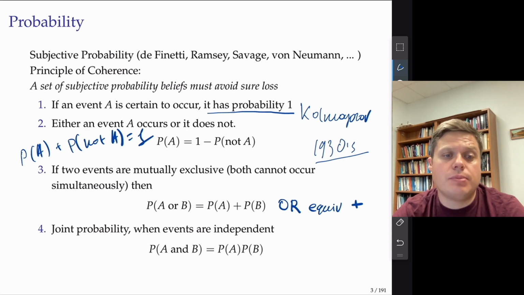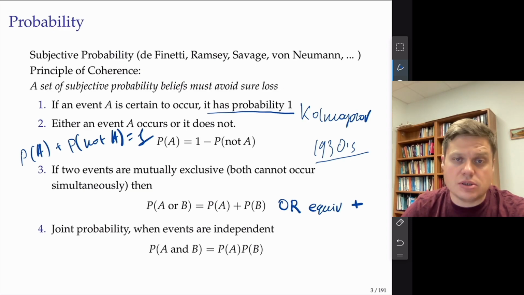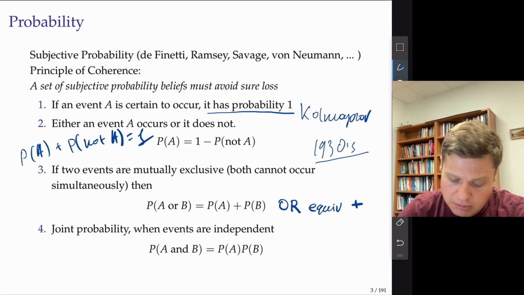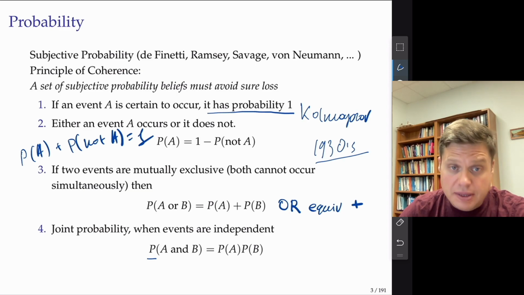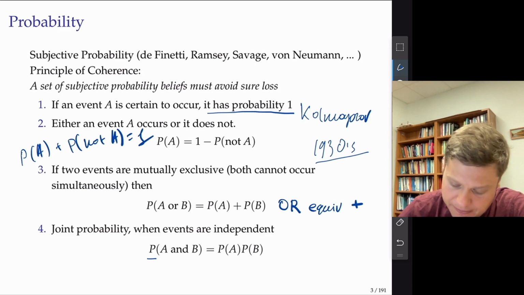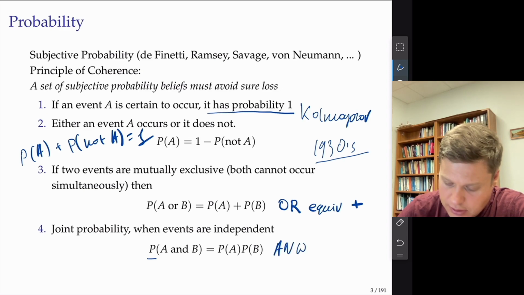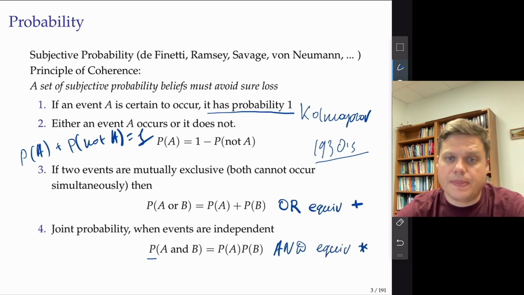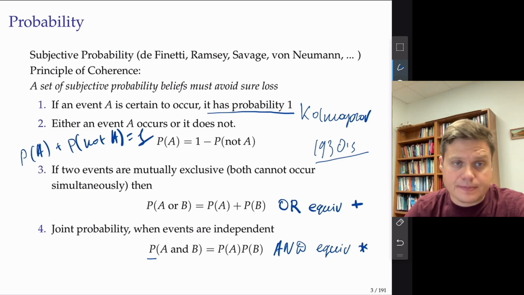The fourth rule, about joint probability, says when events are independent, and we'll talk about this notion of independence a little bit later, and the probability of A and B is to be calculated, then under the independence assumption this is just the product of the probabilities, probability of A and probability of B. So when you see AND, this is equivalent to multiplying individual probabilities.